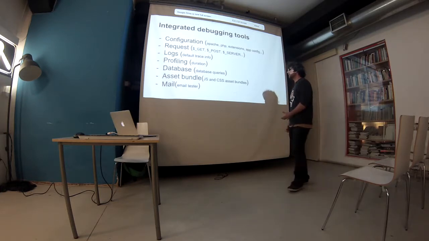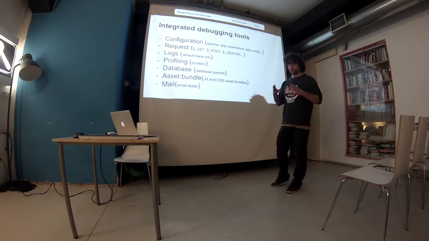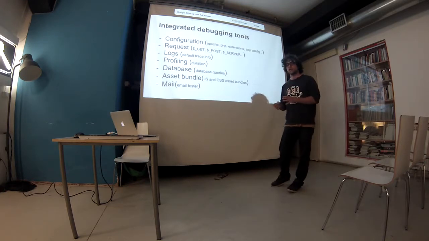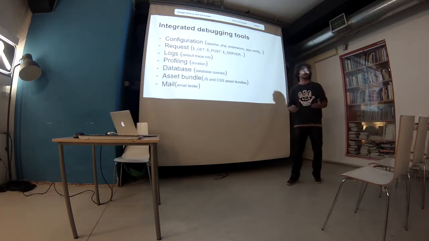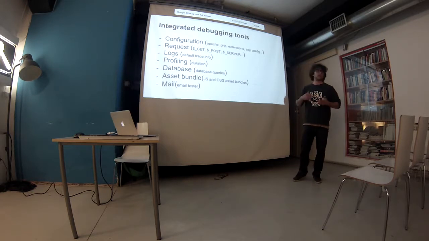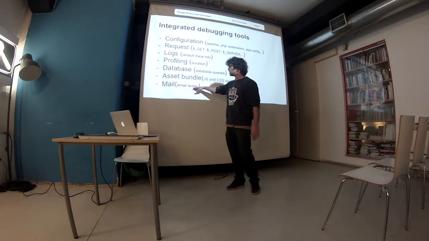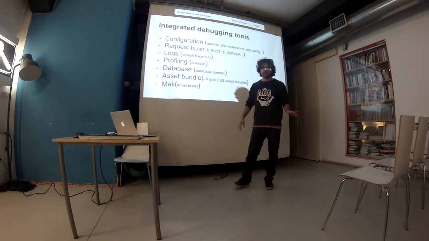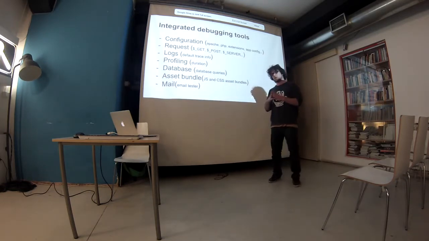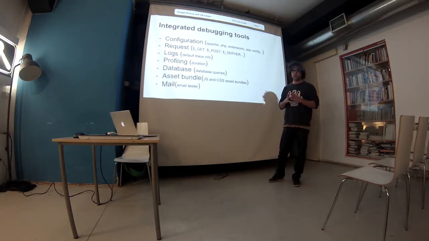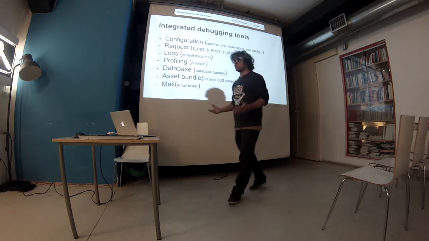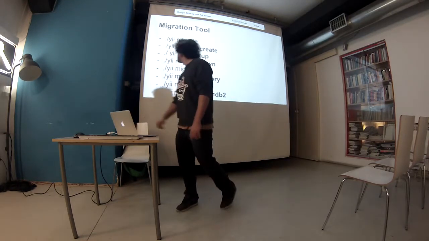And asset bundles will show what sorts of assets you are using in your request at that point, so all the JS and CSS files that have been included there. I haven't used this one, but a colleague of mine has told me that it serves as a helper if you're using the Swift mailer extension. There you can check all your headers, bodies, and all that's connected with your email sending and receiving.